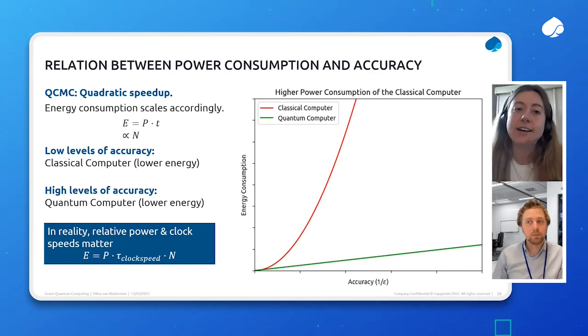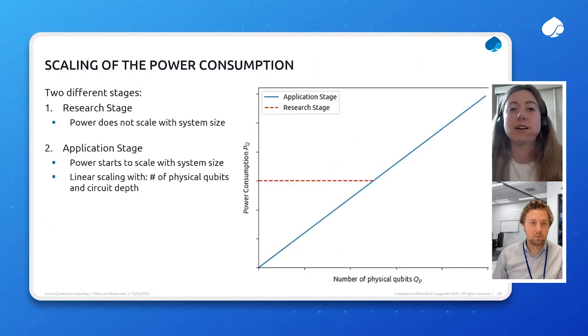For those graphs, we use a constant power consumption. And as said, we expect two different stages in this power consumption. The first is what we call the research stage, where we have a very high power consumption, but it doesn't really scale with the system size.